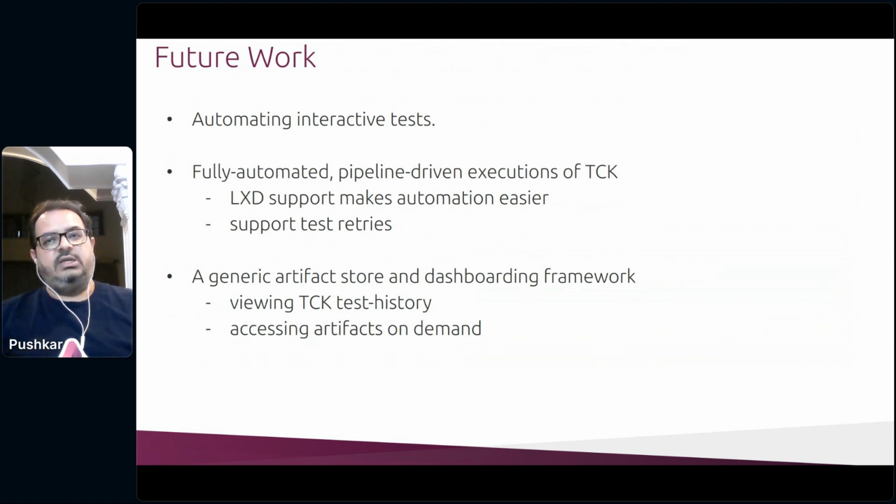Today, if I want to fetch artifacts from the OpenJDK 21 updates from, say, January 2024, they should be available to me with just a click. I need not go and run the tests again.